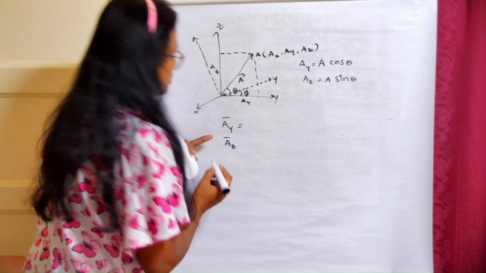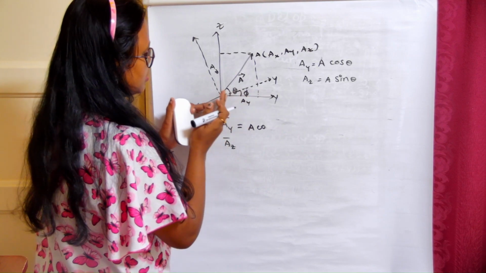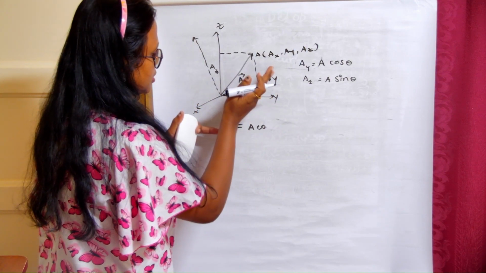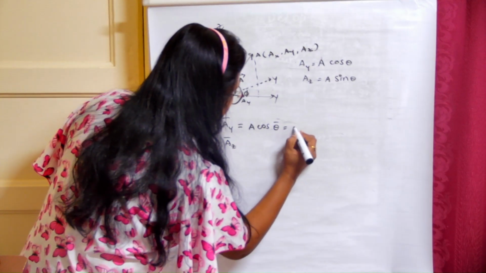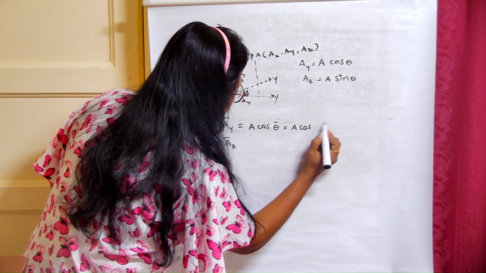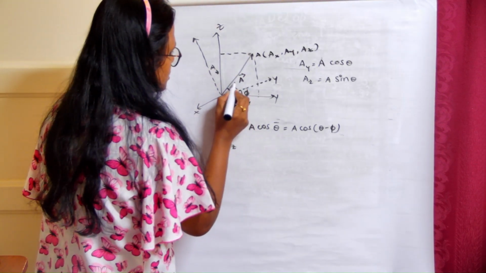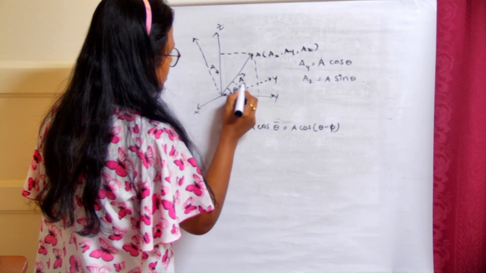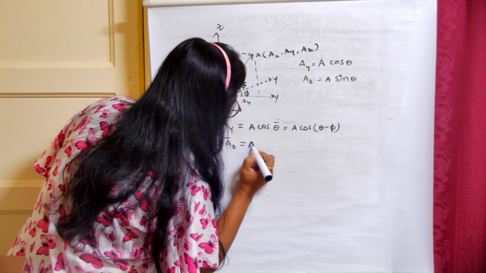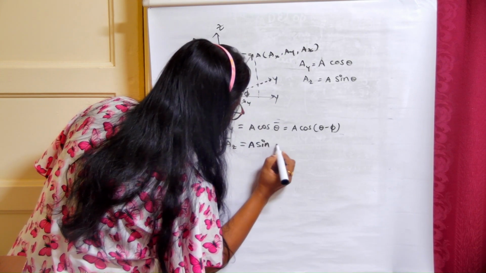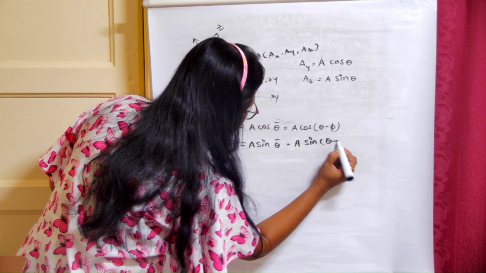I'm just putting a bar over the element. So Ay bar will be, as the whole coordinate system is rotated, the new angle theta bar, which is theta minus phi. So this will be the new angle. And the new z component can be written as A sin theta bar, which is again A sin of theta minus phi.